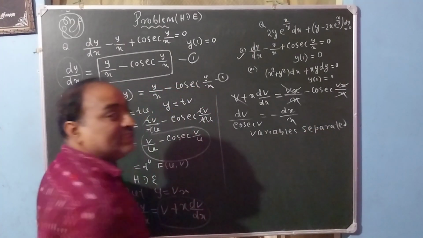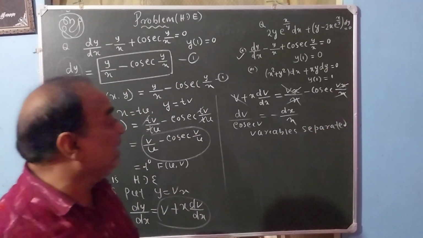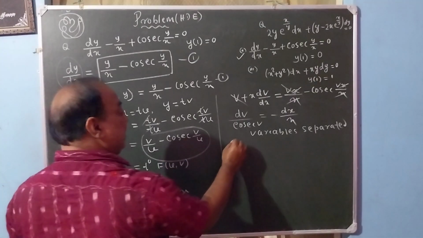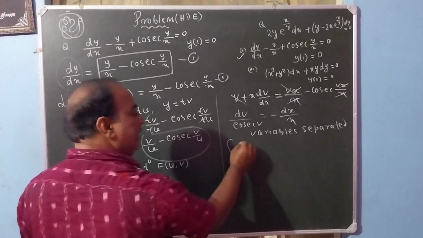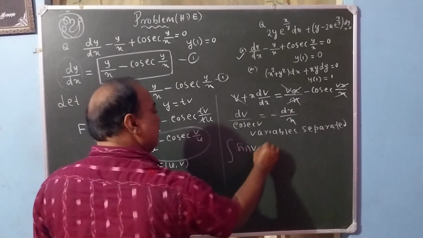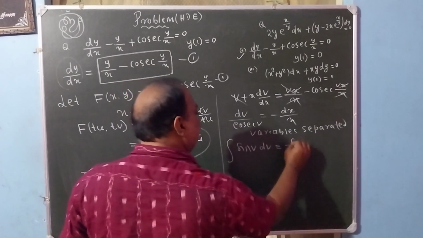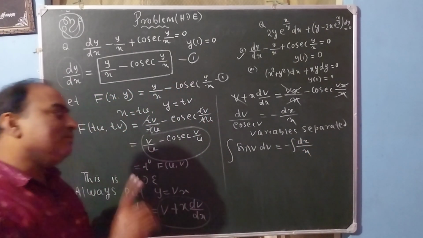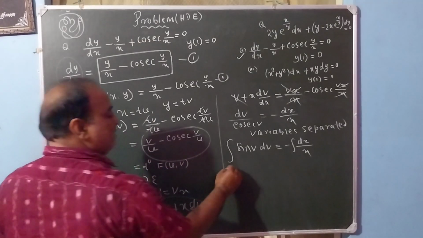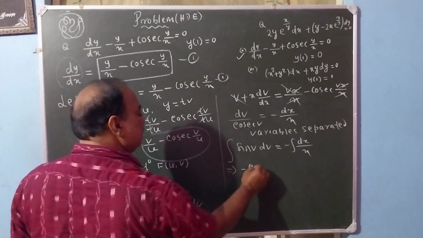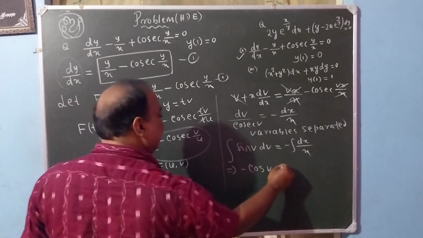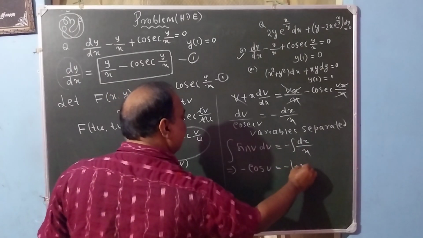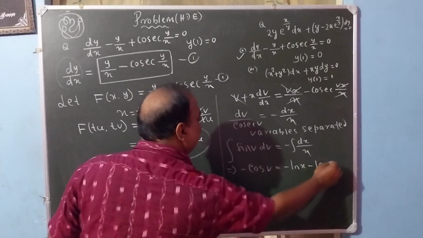Once the variable is separated, then we have to integrate on both sides. Integrating 1 by cosec v, that is sin v, dv equals minus dx by x. Integration of sin v is minus cos v, equals minus ln x minus ln c.